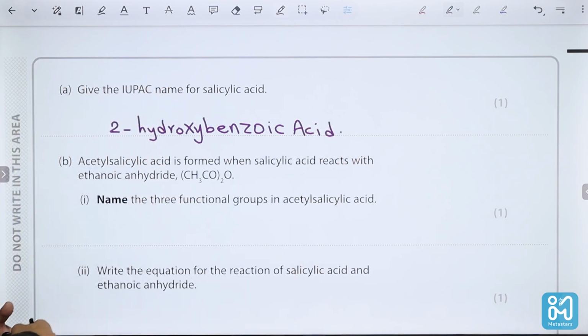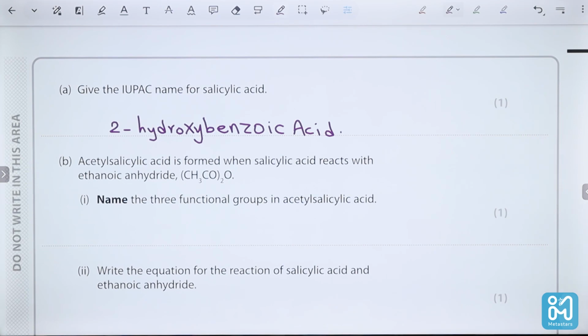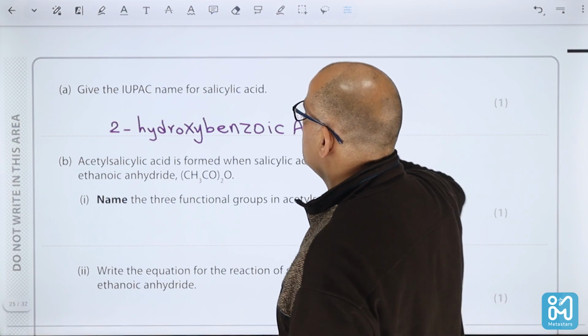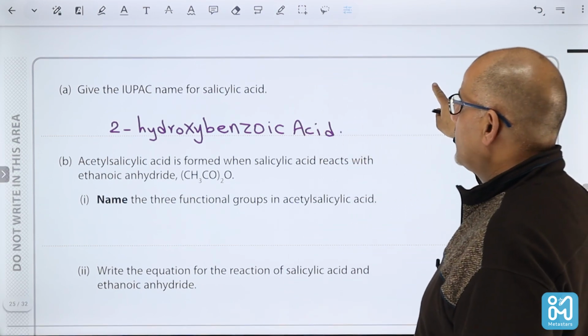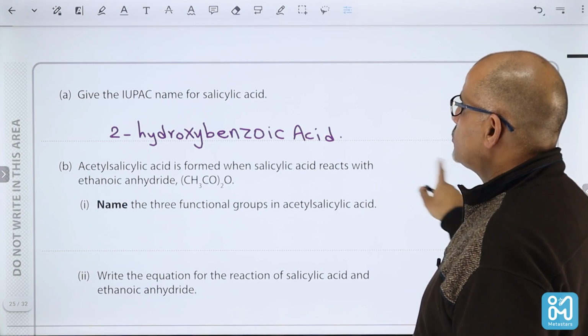Okay. Acetyl salicylic acid is formed when the salicylic acid reacts with ethanoic anhydride, and he asks you to name the 3 functional groups in the acetyl salicylic acid. Let us return to the structure and name the functional groups.